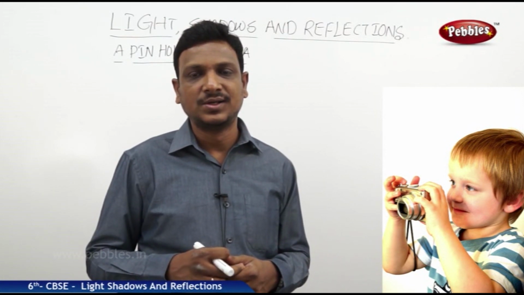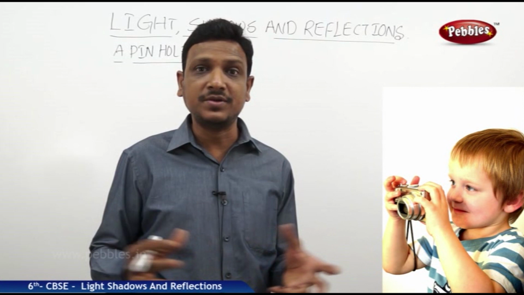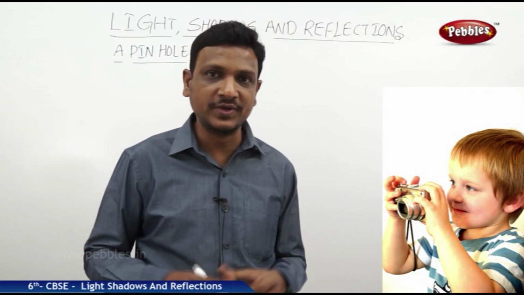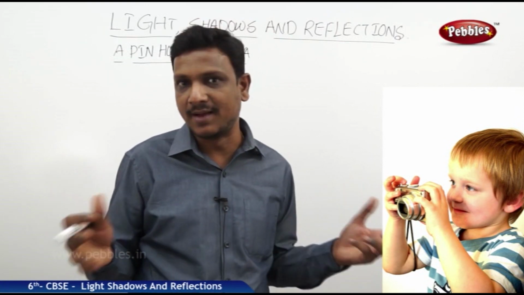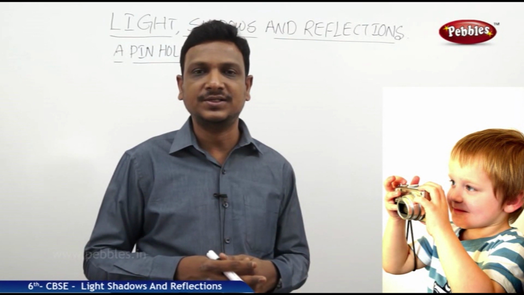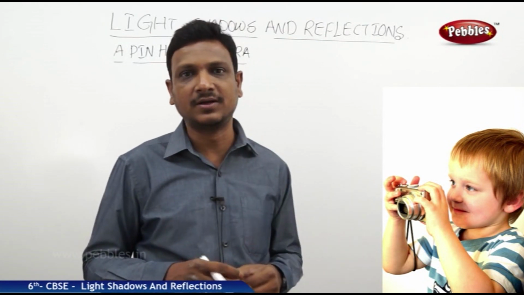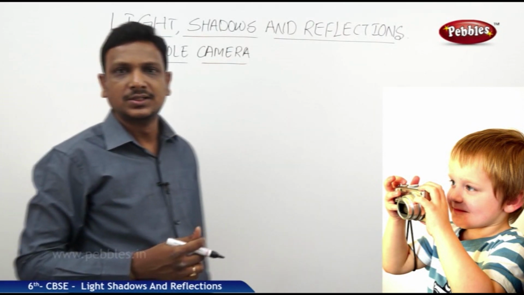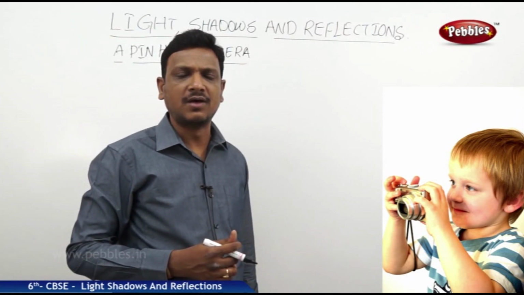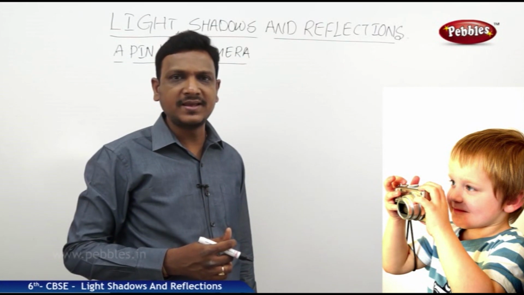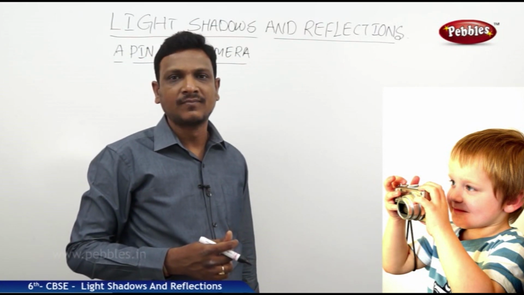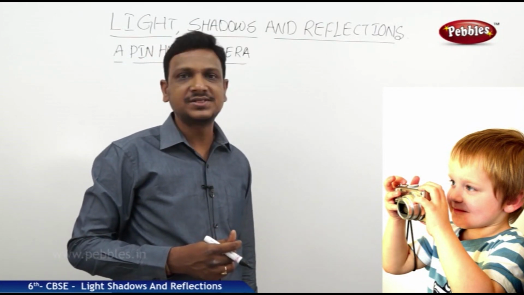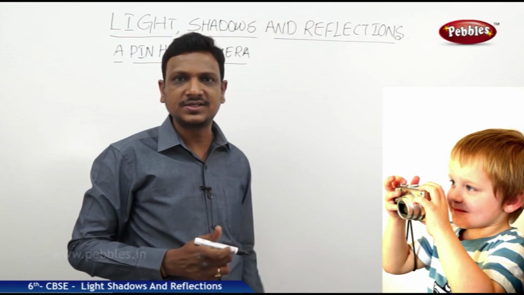Right? So now let us see how we can make a camera. Of course, we are not going to make a very complicated camera to take the pictures. We are going to make a simple camera called a pinhole camera. So what is this pinhole camera? How is this useful? By making this pinhole camera, you can get the images of various objects onto a screen, right?